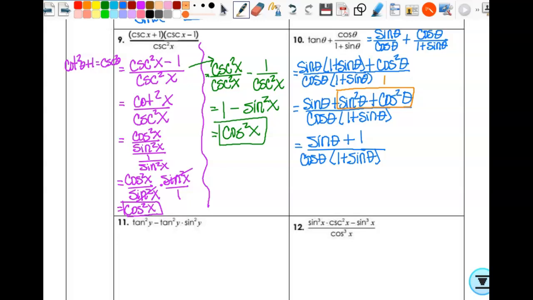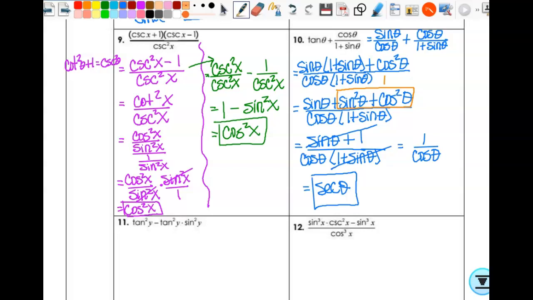But here, this works out kind of nicely, right? Do I have something I can cancel? Yep, I can cancel that sine plus 1 with the 1 plus sine, because it's the same thing. I get 1 over cosine, and what's 1 over cosine? Secant. All right. What questions do you have?